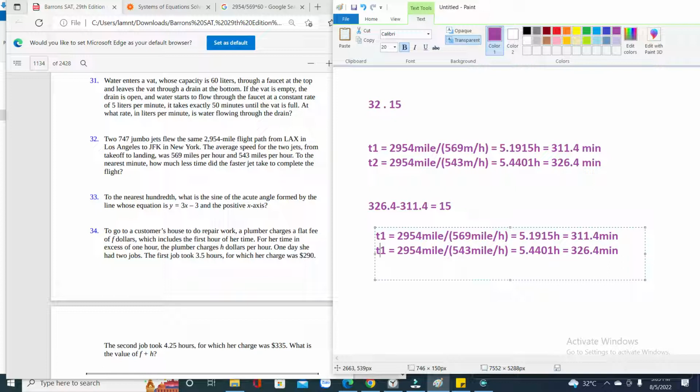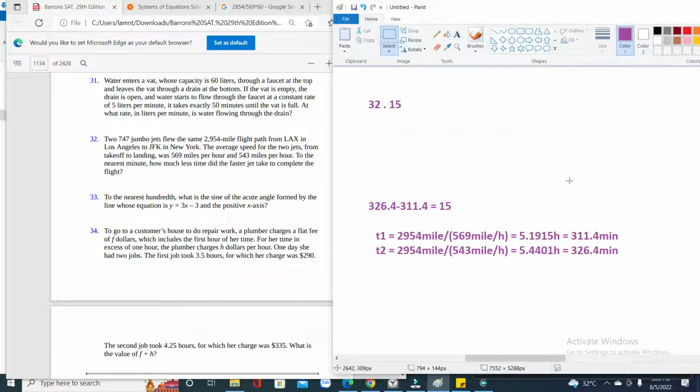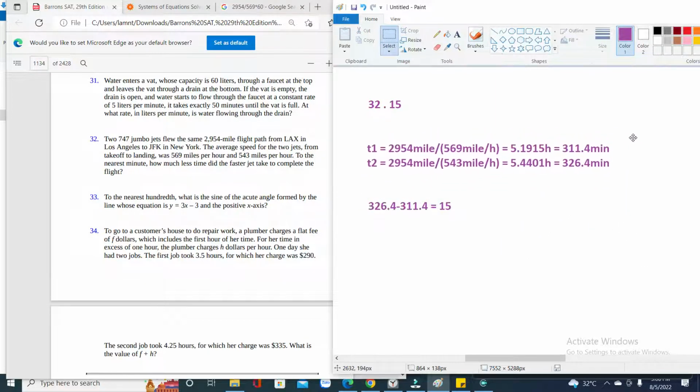So this is T2, right? I was mistaken about the unit here, so maybe there's a little bit of confusion there. So we list this spot and we put this spot here. Okay, that's beautiful.